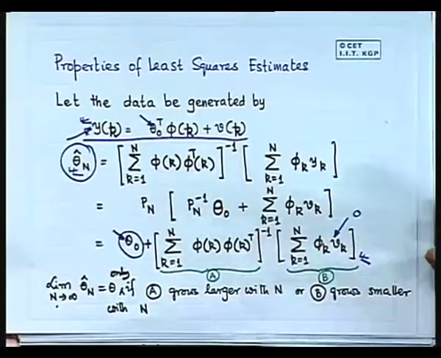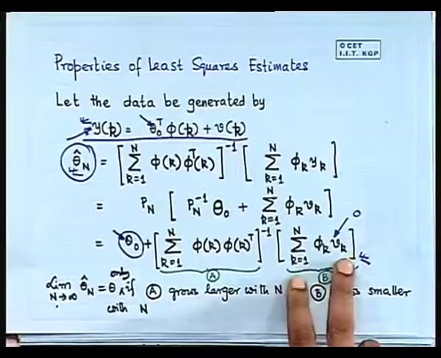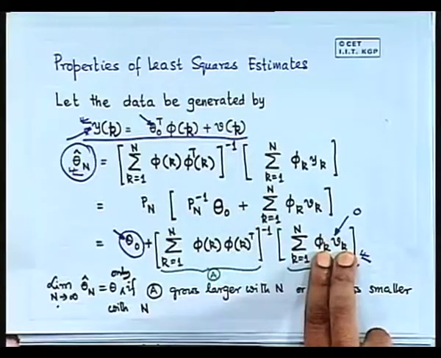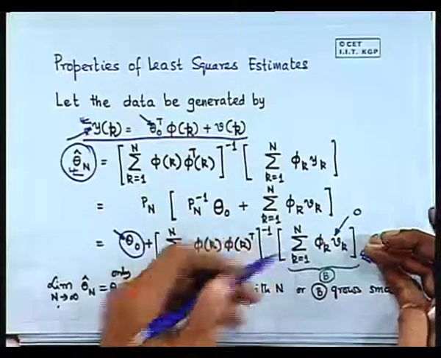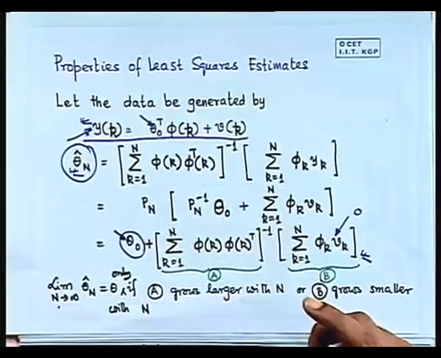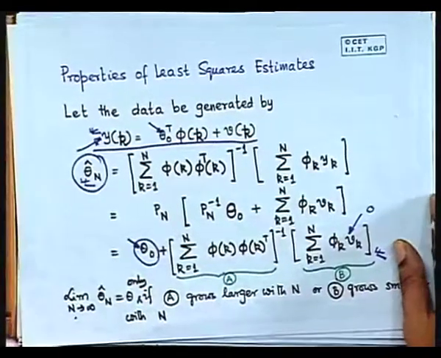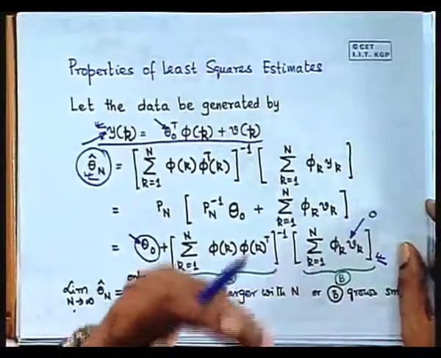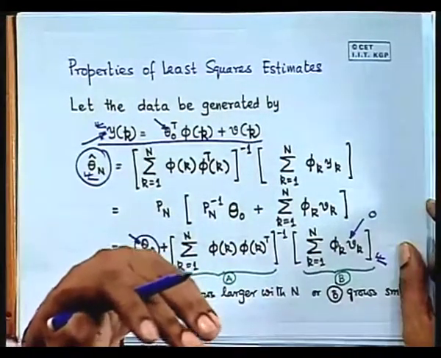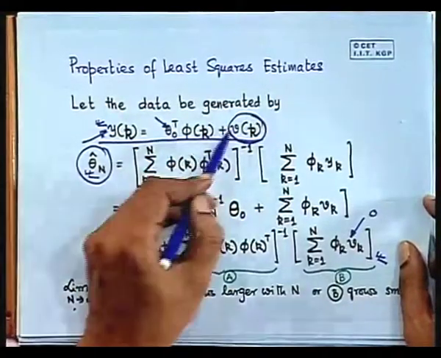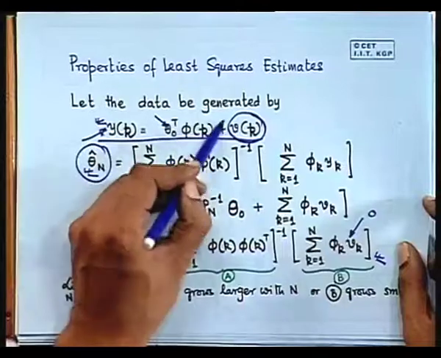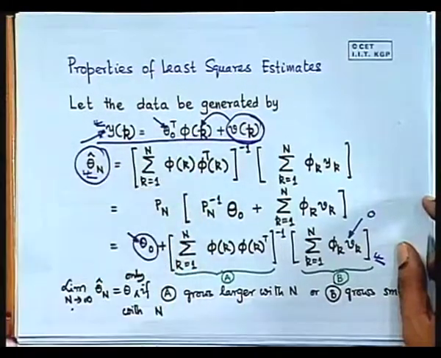How do we say that this goes to 0? When will it go to 0? When this vk and phi k are going to be orthogonal or uncorrelated, because this is like an expectation, right? So that is why you will find such assumptions are made, that the noise which is going into the system is orthogonal to these data points.